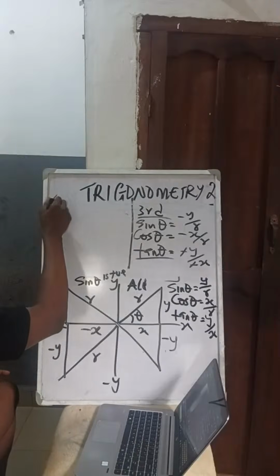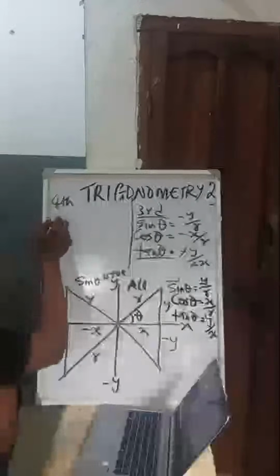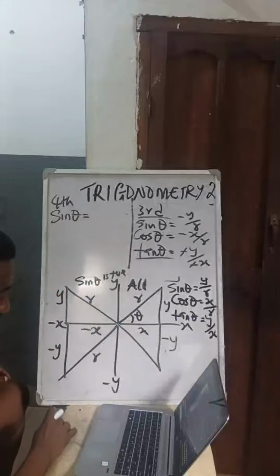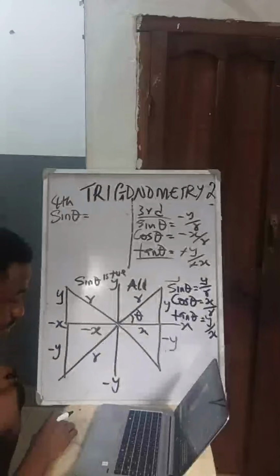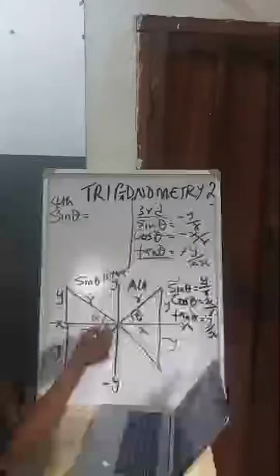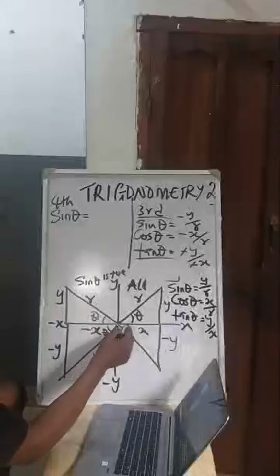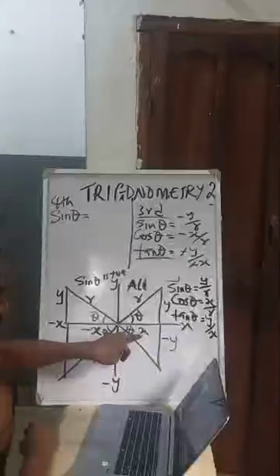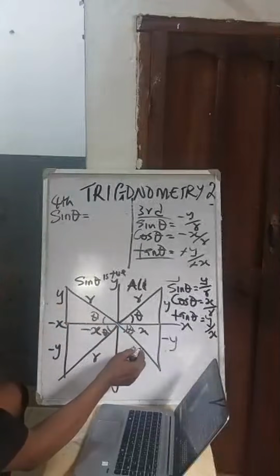Sine theta is equal to opposite over r, where here is theta and here is r.